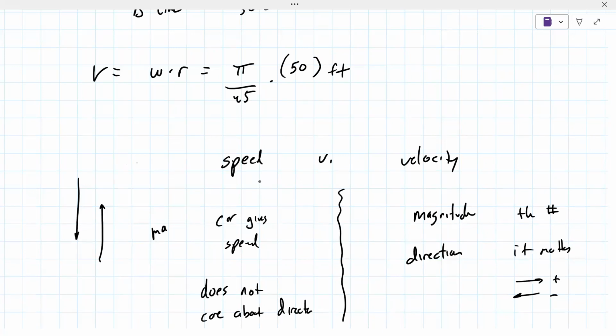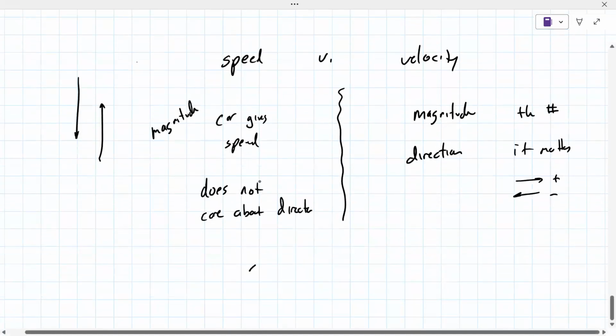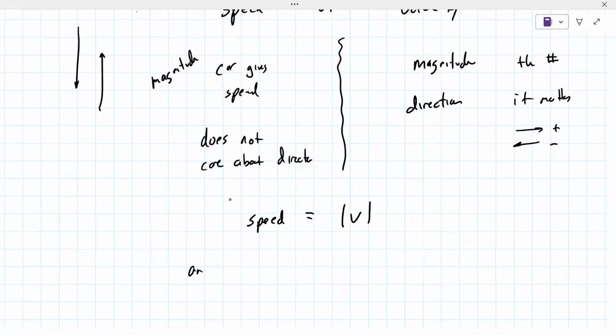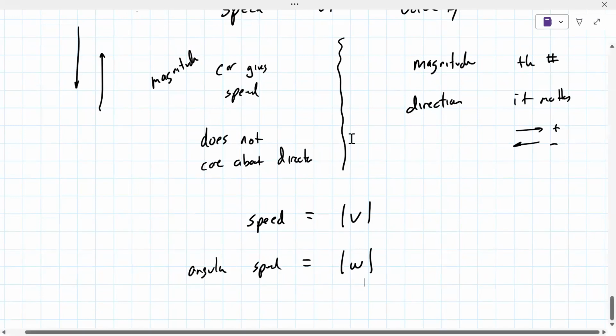So speed is just the magnitude. The relationship is speed equals the absolute value of velocity. Angular speed equals the absolute value of omega. That's the relationship between them. But in your course, you're calculating V and W.